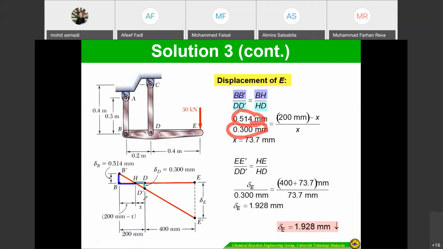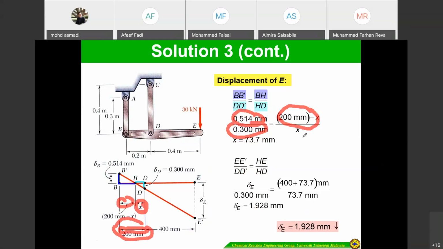If we make an equation here, the total length from point B to point D is 200 millimeter. Note x as the distance, so this should be 200 minus x. Just substitute here for BH, which is 200 millimeter minus x. This is the total length, 200 millimeter.